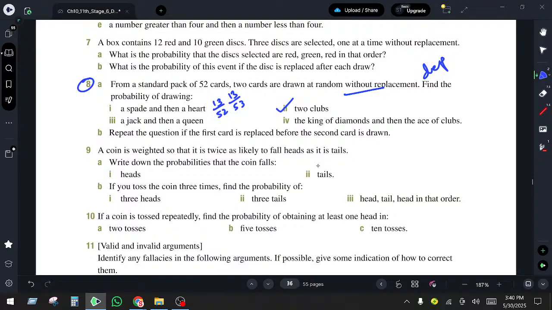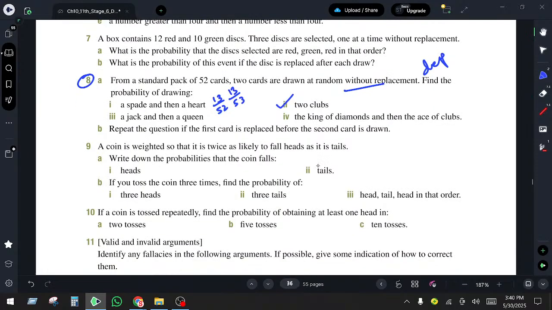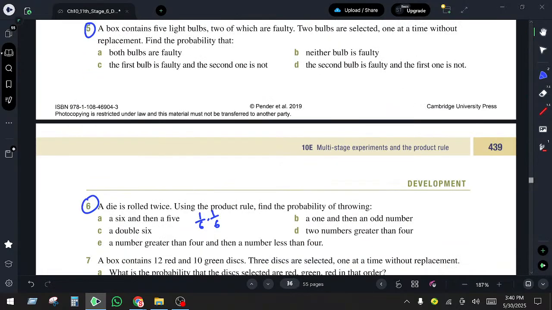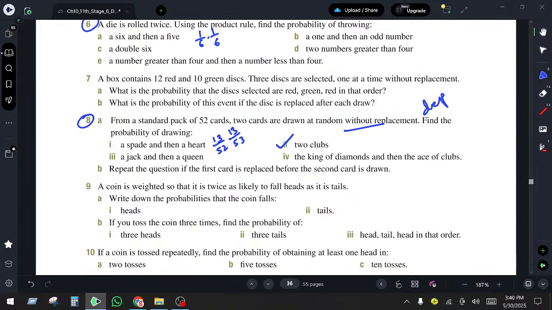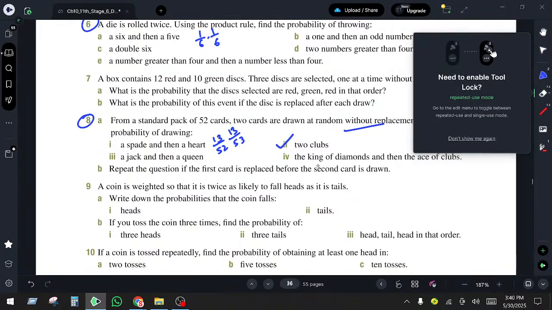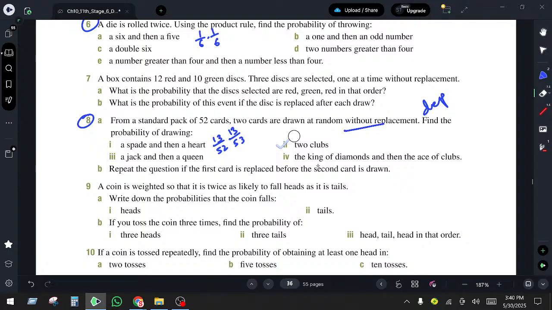A spade and then a heart. So it's 13 over 52 times 13 over 51.